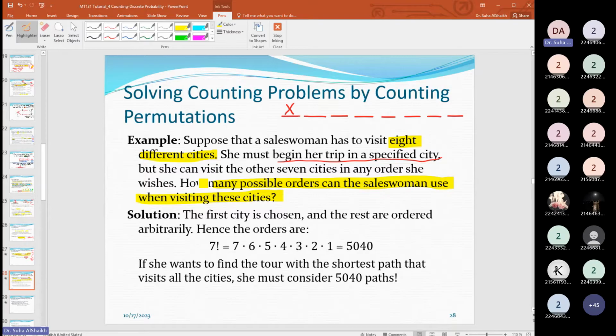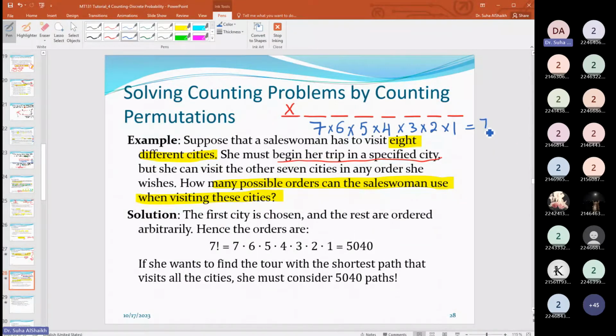فالفيرست place or the first travel عندها 7 cities تقدر تختار ما بينهم صح ولا لا؟ السيتي اللي بعدها how many options she has؟ already هي راحت زارت واحدة من السيتيز صح؟ فالسيتي اللي بعدها راح يكون 6 then 5 then 4, 3, 2 and 1 which is factorial 7.